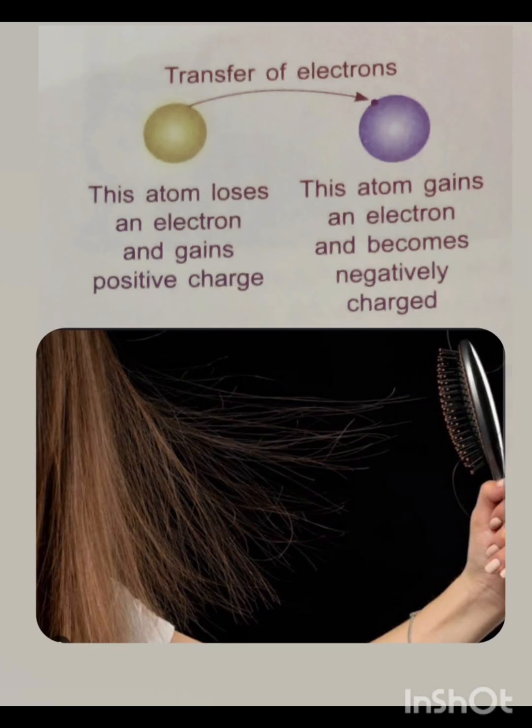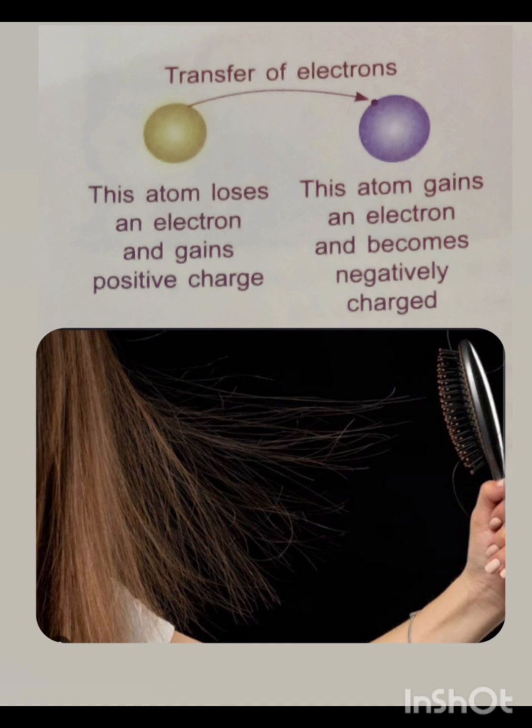This happens because your hair and comb both get charged due to combing. There is a transfer of electrons between the atoms of these two substances. One of them loses electrons and the other gains electrons.